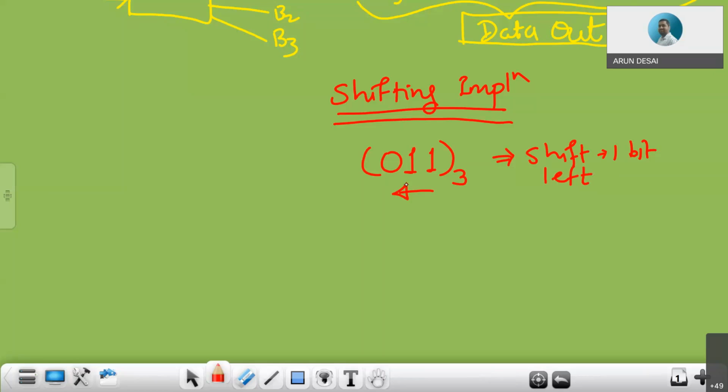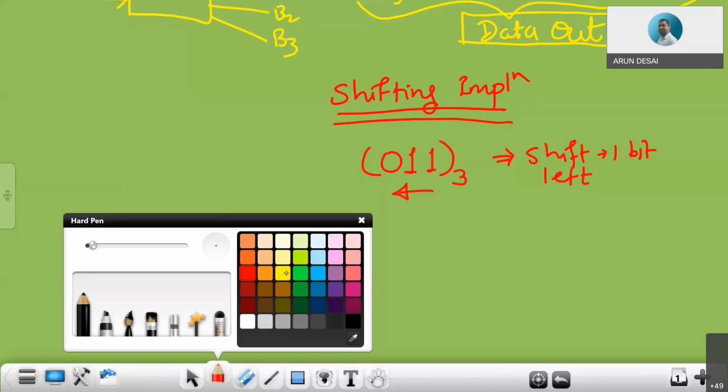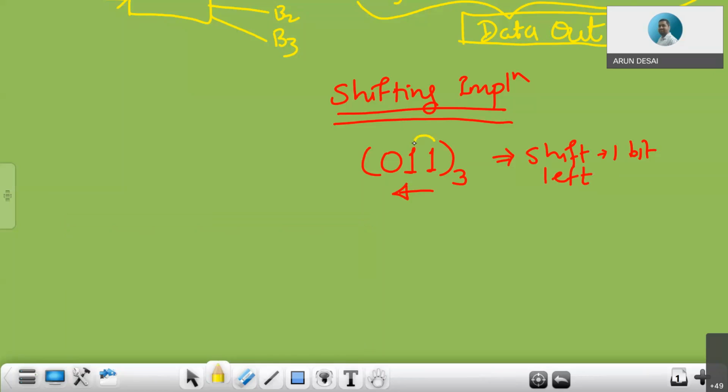So what will happen here? This bit goes here, this bit goes here, this bit goes here, right? So it is one comes here, again one comes here, zero goes, right? Find out what this is. This is basically the binary code for 6, right?